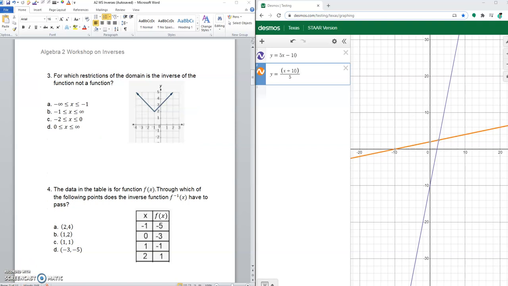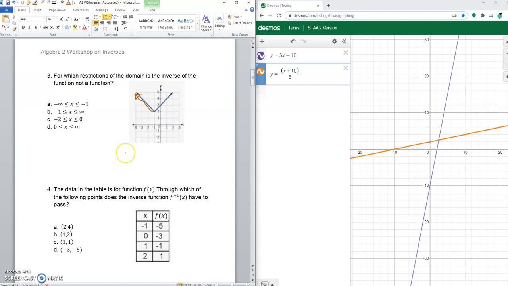For which restrictions of the domain is the inverse of the function not a function? Let us begin. Okay, now, choice letter A. You're looking from negative infinity all the way to negative 1, which is all through the left side of negative 1. So let us go ahead and mark your graph. So your negative 1 is here, and you're saying that all of these from negative 1 all the way to the left side.